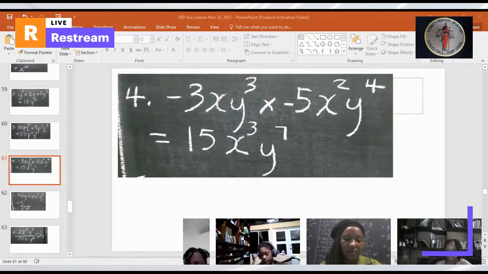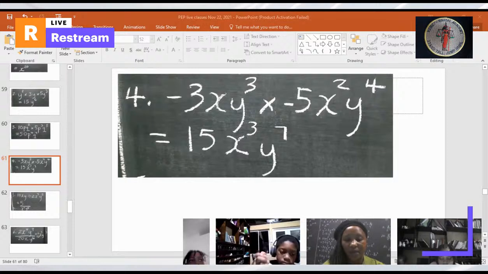The second x is x squared. So you would add the powers. Because the law says if the bases are the same and we're multiplying, we add the powers. So we add x to the first power plus x squared, and get x to the third power, or x cubed.